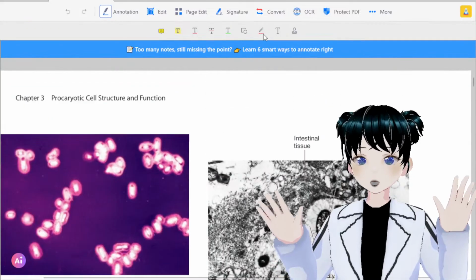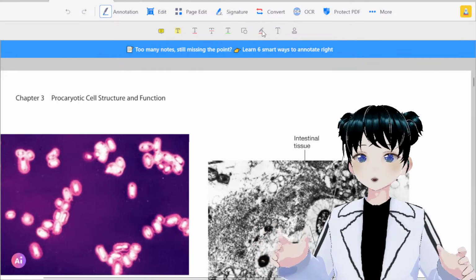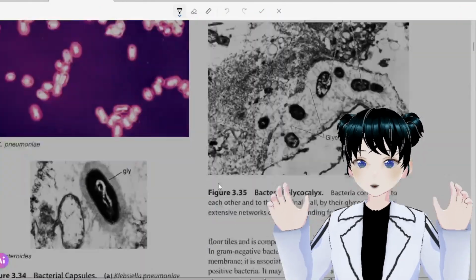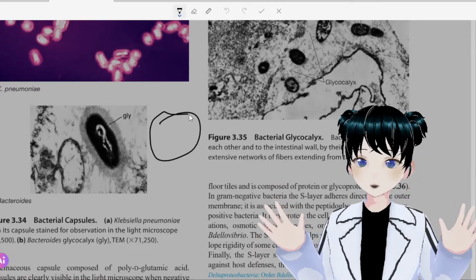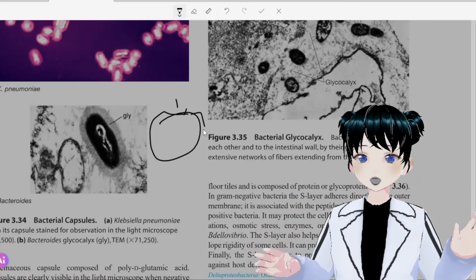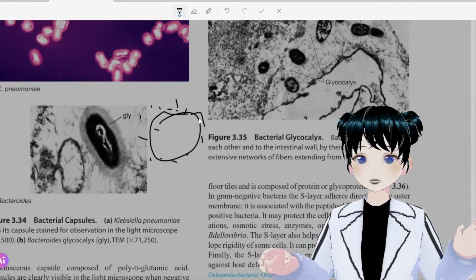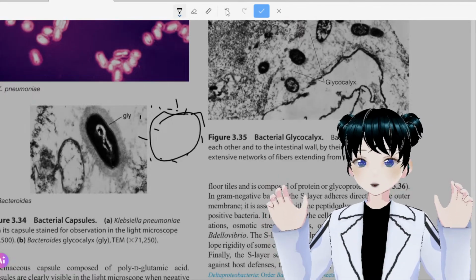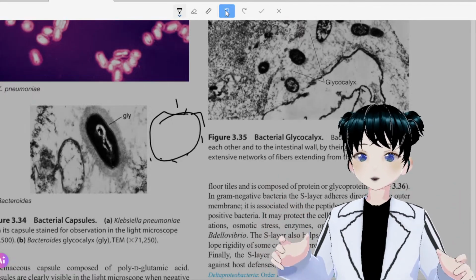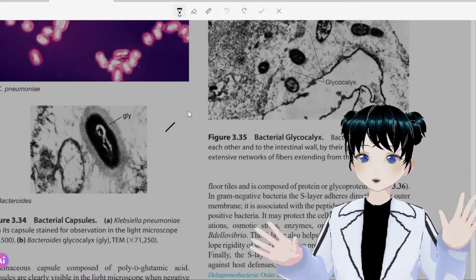Let me draw it for you. For example, this is your cell. Just think there are a lot of fimbriae, okay? Specifically bacteria, cocci usually don't have these.